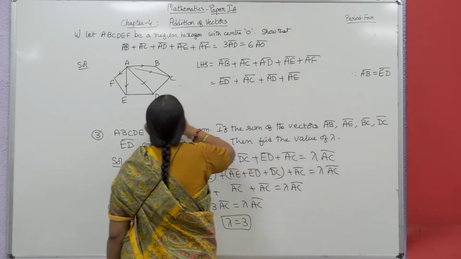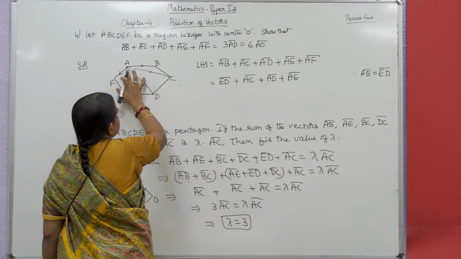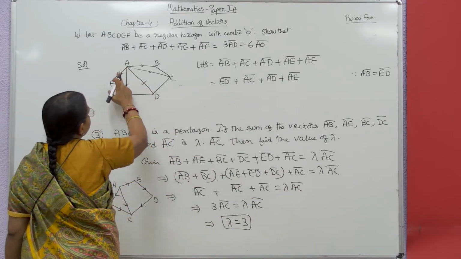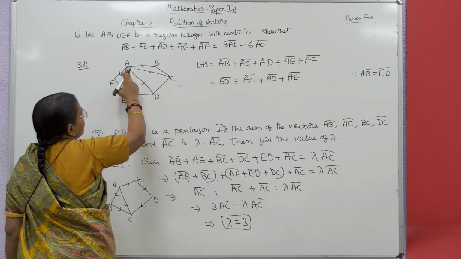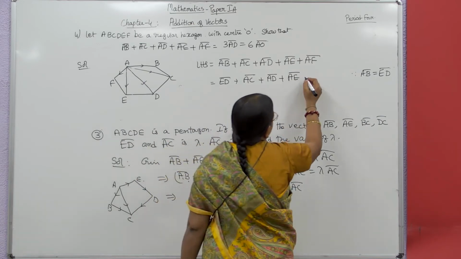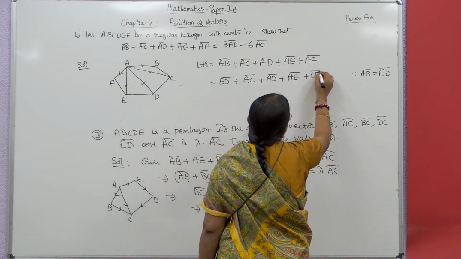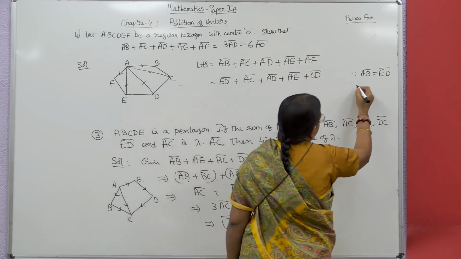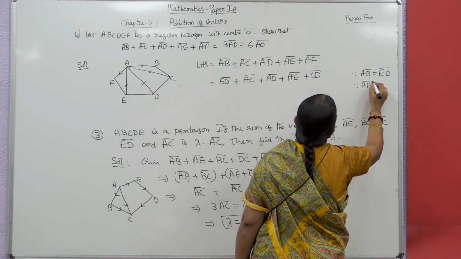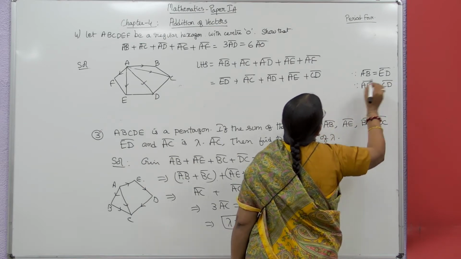AE plus ED is AD, so one AD we will get. Next AF. AF is nothing but CD. So we'll write AF as CD because they are equal and in the same direction. Their length is the same.